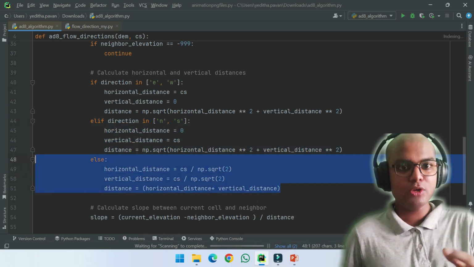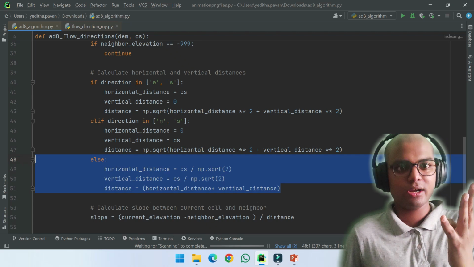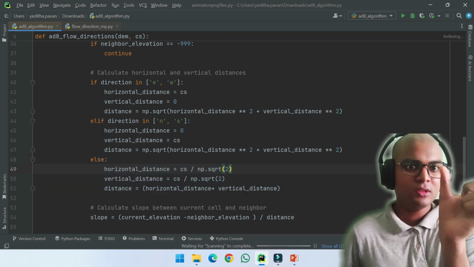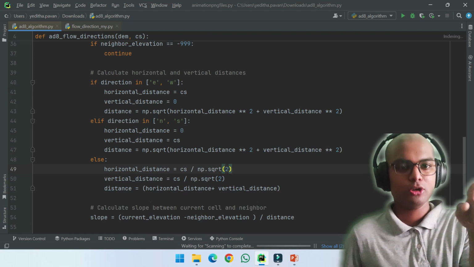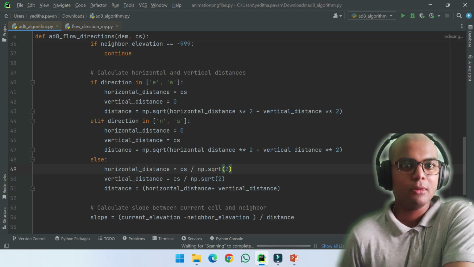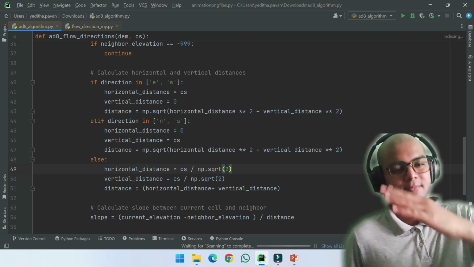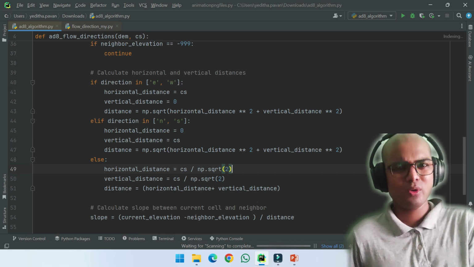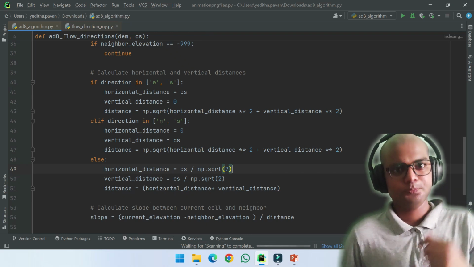So if the value is anything other than these 4 directions, then we will take the horizontal distance squared plus the vertical distance squared, and take the square root to know the diagonal distance. Another method is just taking 200 and multiplying by the square root of 2, which is the same thing, and determining the value.